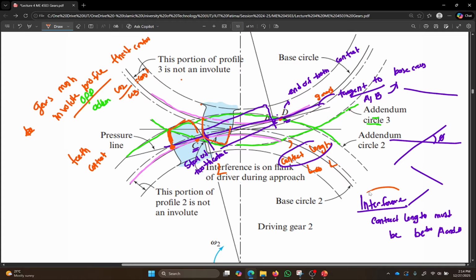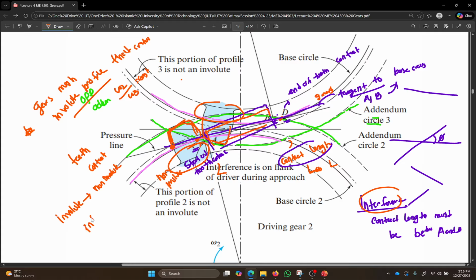Whenever interference happens, involute portion contact is broken. Okay, what happens whenever interference happens? The involute portion of one gear contacts with the non-involute portion of the other gear. These are non-involute portion. Whenever this length of contact is not maintained, the involute contacts with non-involute.